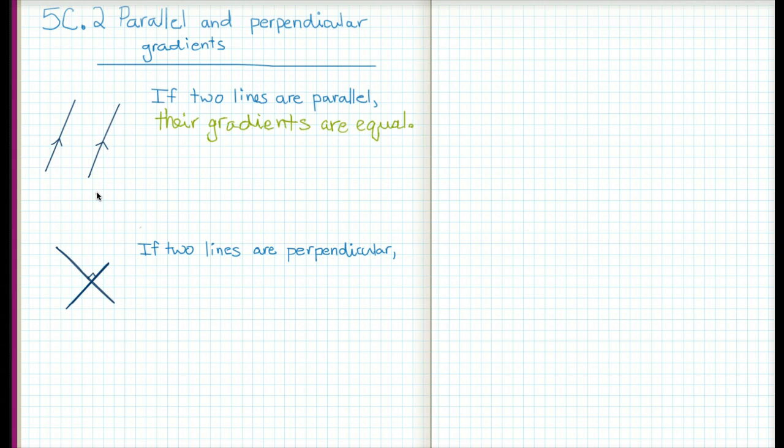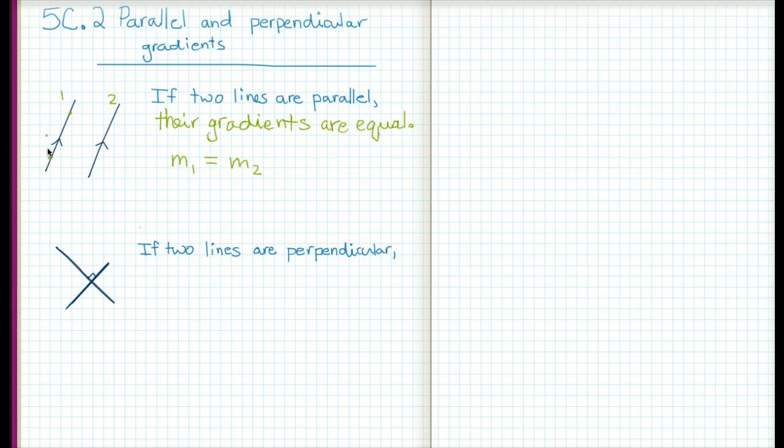If we put that into math symbols, I might call this line 1 and this is line 2. Then I can say that the gradient of line 1 is equal to the gradient of line 2, if the lines are parallel. If I pick points carefully, this is approximately on that intersection, and this is a little off, but approximately on this intersection, so it's not going to be quite the exact slope, but it'll be close.